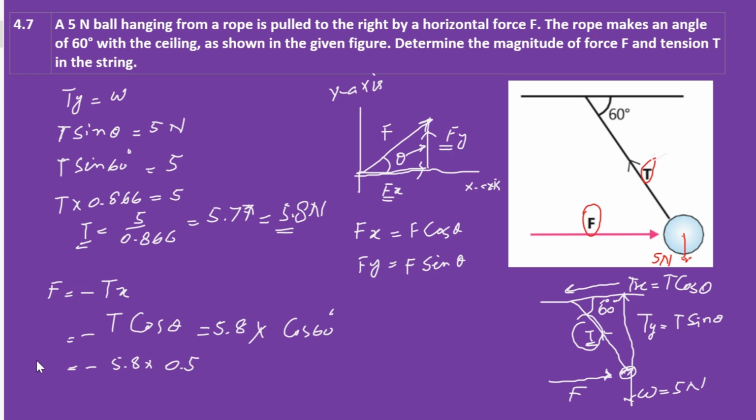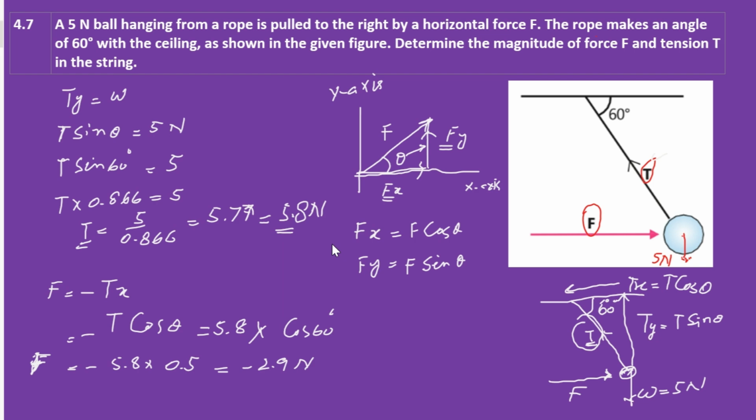So multiplying 5.8 with 0.5 will give us 2.9. So the force F, which is acting along the rightward direction, will be equal to negative 2.9, and the tension in the string T is equal to 5.8 Newton.